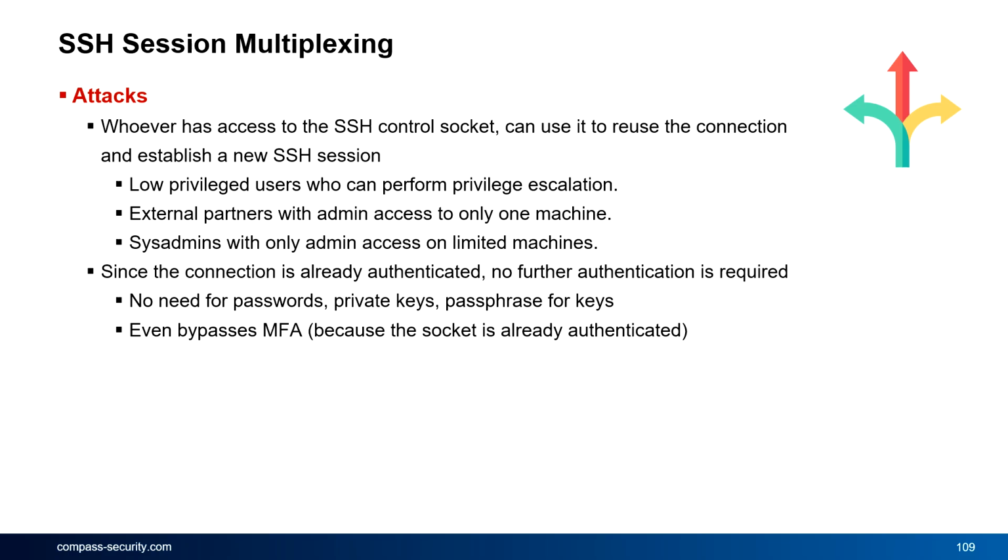Also, since the connection is already authenticated, no further authentication is required. So you don't have to type in your password again, you don't have to provide the private key for authentication or unlock the key using a passphrase and so on. You don't have to enter the OTPs for multi-factor authentication, because this already happened and the control socket is already authenticated, so it can just be used.